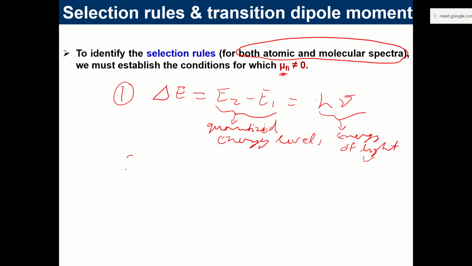Second, we just learned that a transition dipole mu Fi, the second condition, should not be equal to 0.